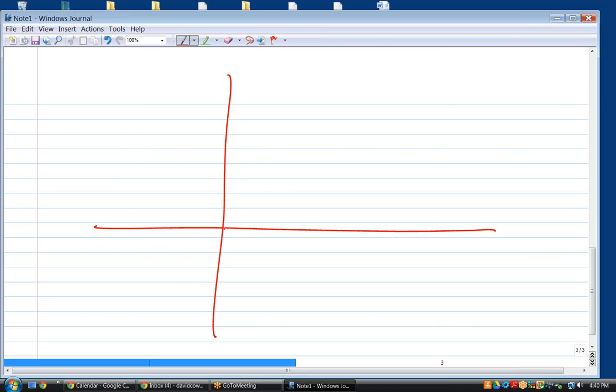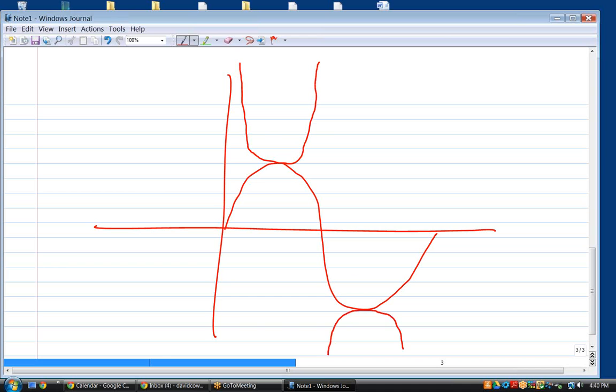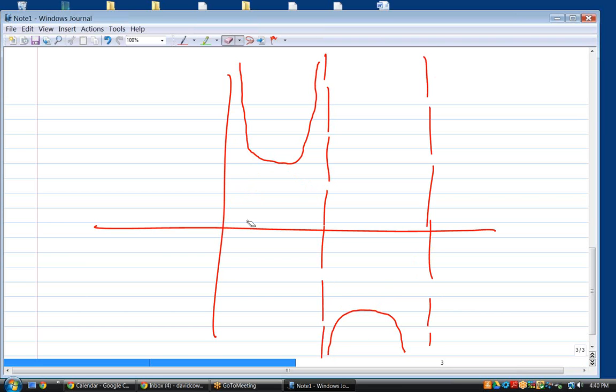The cosecant, here, let's draw extended, that's sine. Here's the cosecant. And the cosecant has vertical asymptotes wherever the sine is equal to 0. And then let's erase the sine curve, because it doesn't belong.